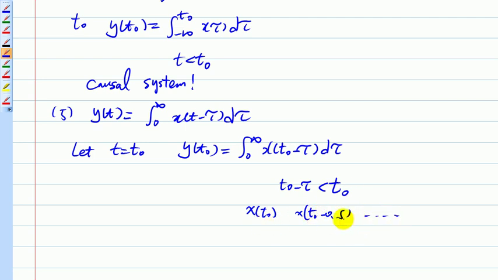But no matter what, these values compared to the current output are past input information. And so that means your current output depends only on the current input and past input. So this is a causal system.